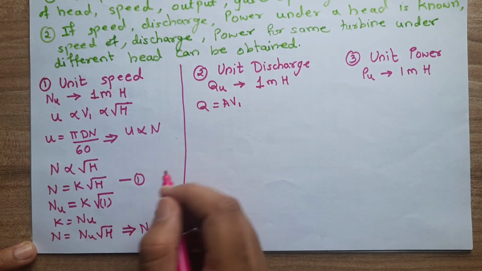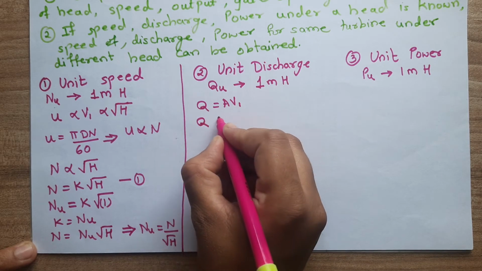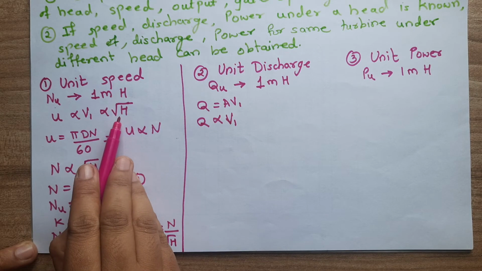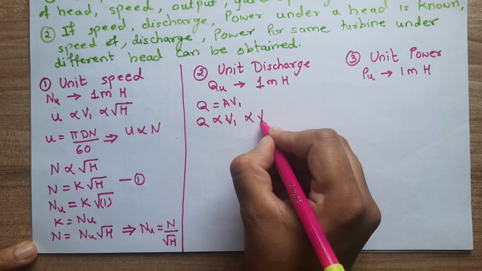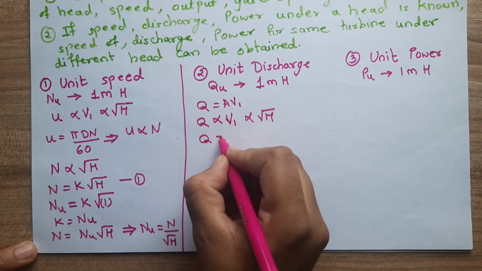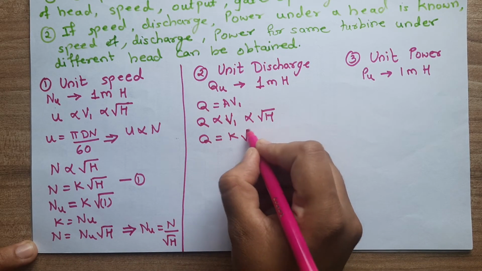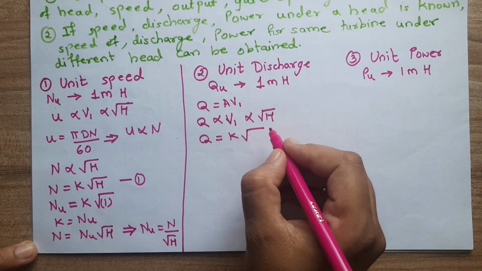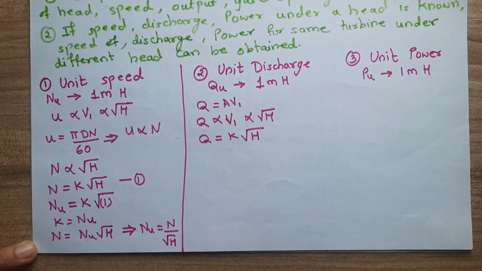So we can write that Q is directly proportional to V1, but we know very well that V1 is directly proportional to under root of H. So we can write Q is equal to K under root of H, by removing the sign of proportionality.